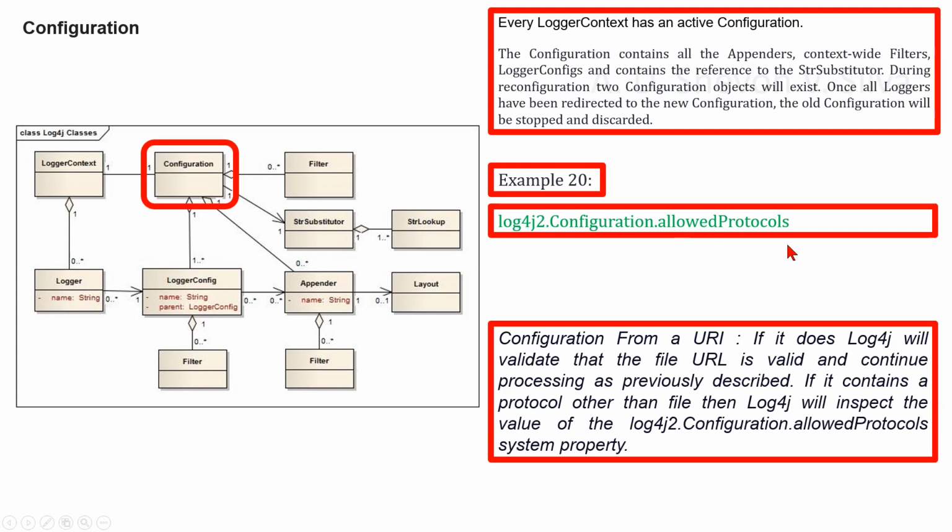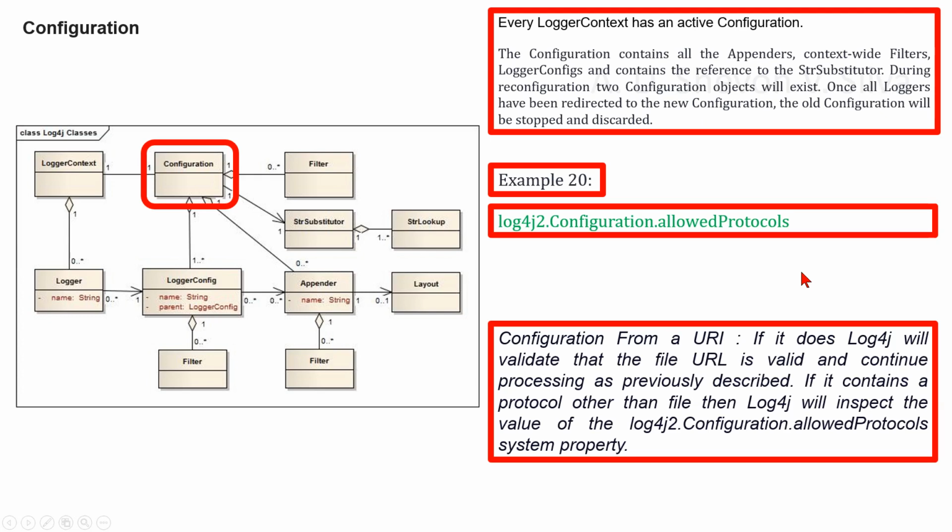When log4j2.configurationFile references a URL, Log4j will first determine if the URL references a file using the file protocol. If it does, Log4j will validate that the file URL is valid and continue processing.